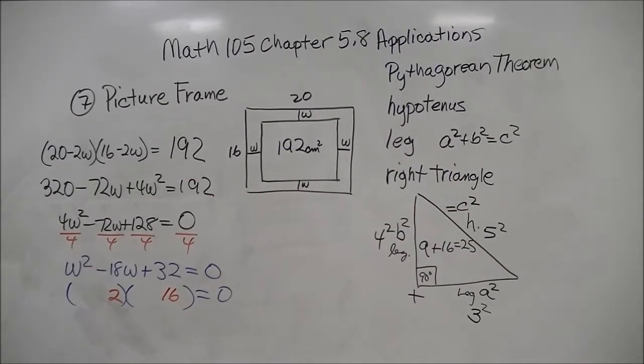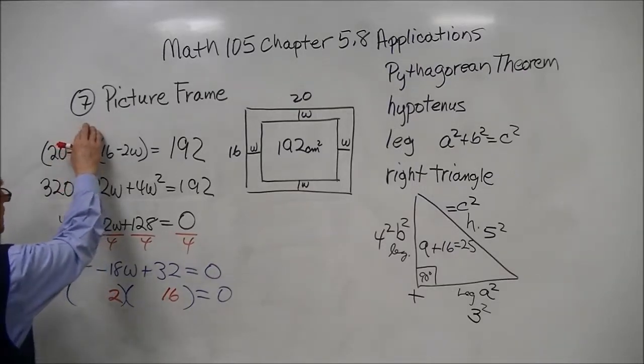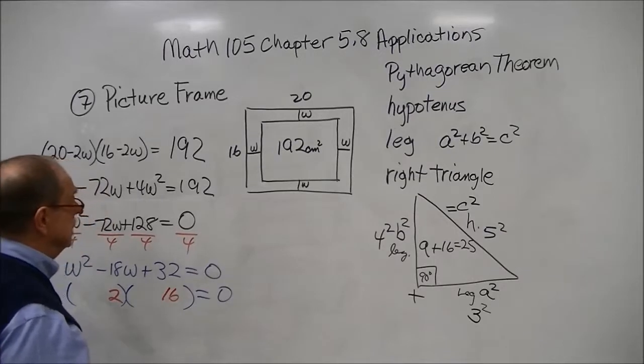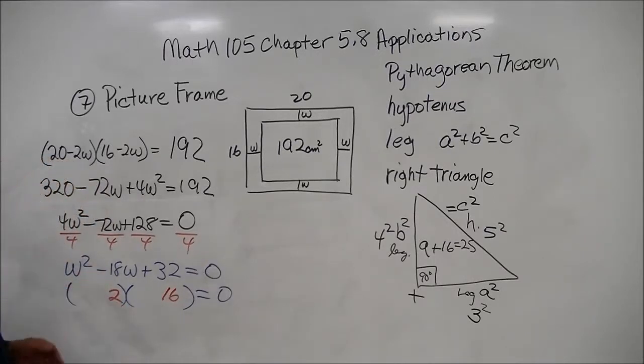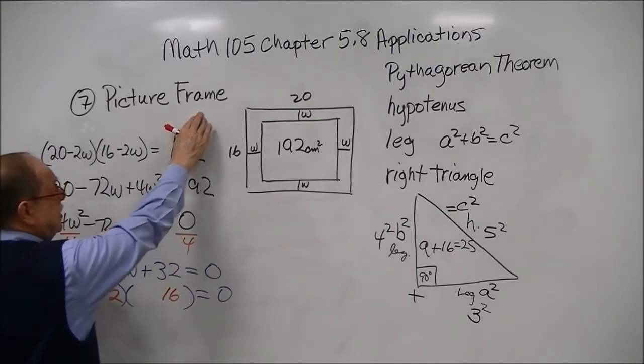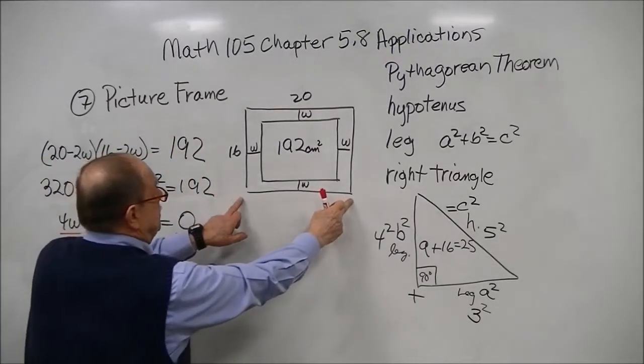As we get into example 7, there's a lot of words, so I'm not going to write it all down, but I'll show you the strategy of what I did. They said there was a picture frame. So I made a picture frame.